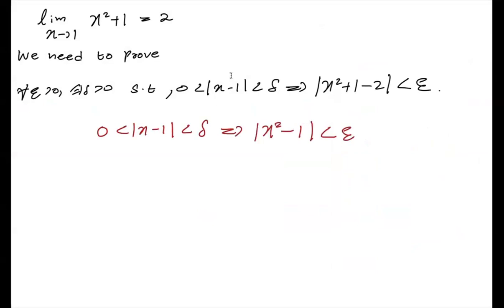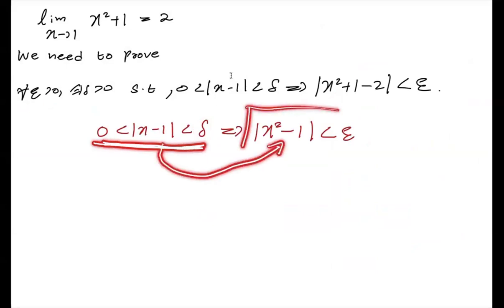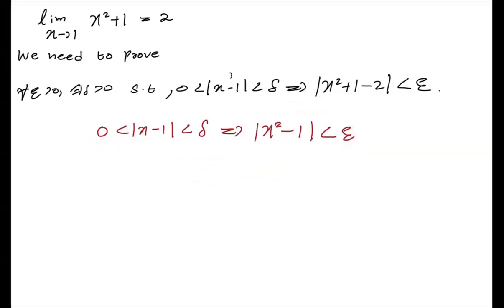Basically, I need to find some value for delta where, when this inequality holds, it should straight away imply that this inequality holds.